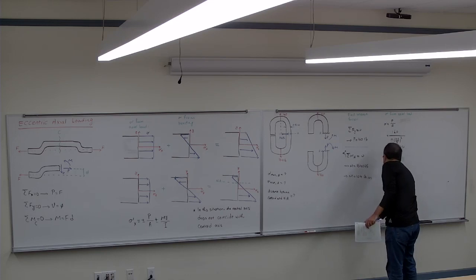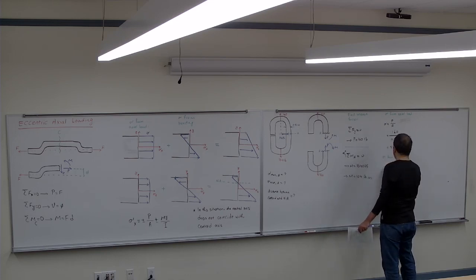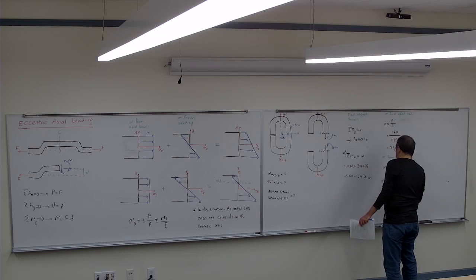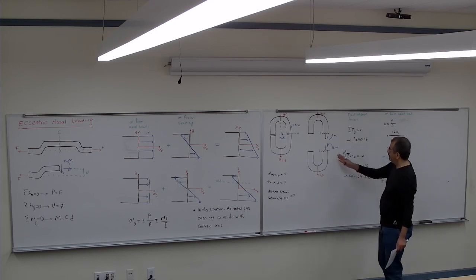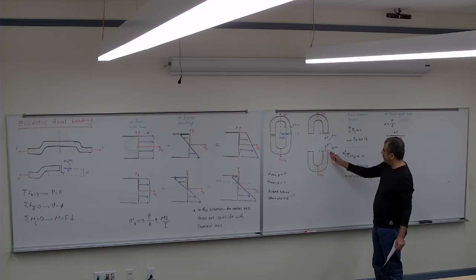Sigma is going to be MY over I. Sigma would be MY divided by I. The M is 104. The Y is from the center to either of the surfaces.